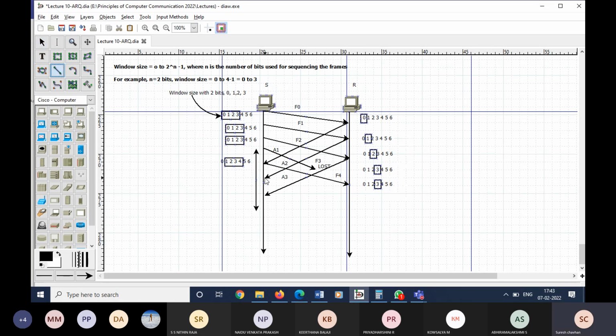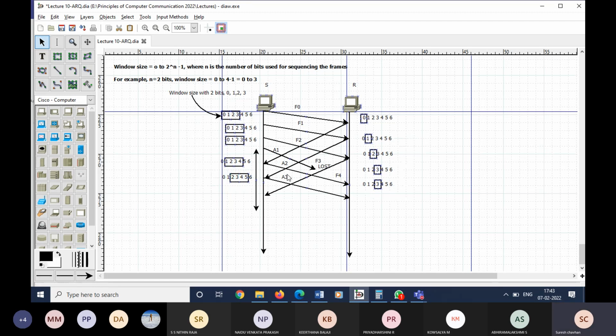Similarly, here, okay, before that, here, right? A2 has come. So now it's time to slide, right?